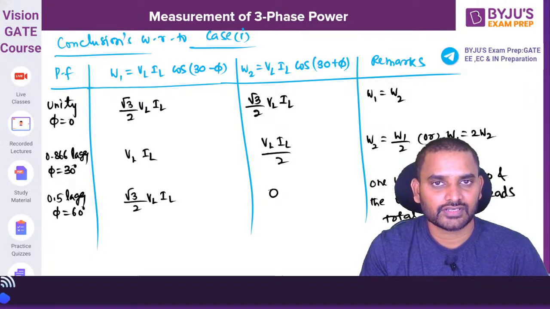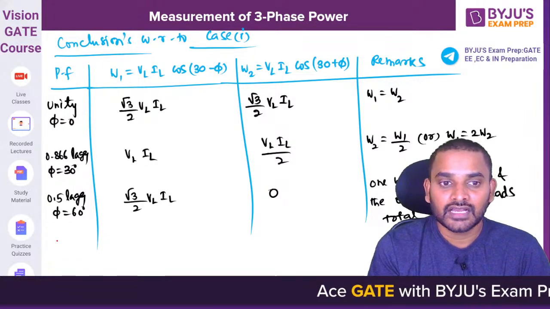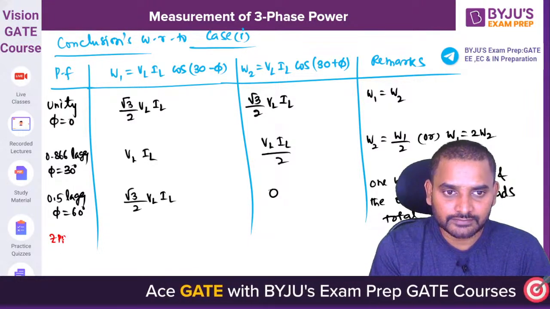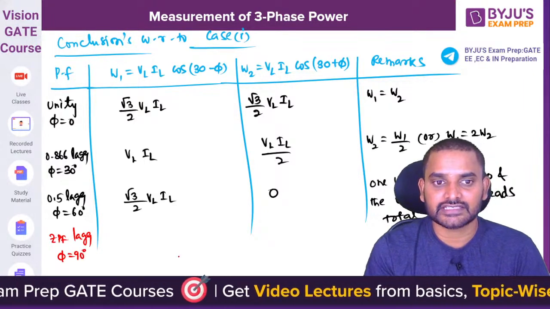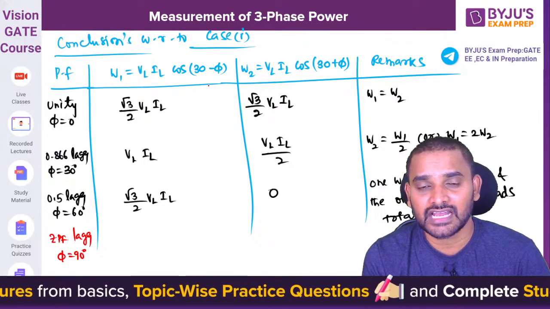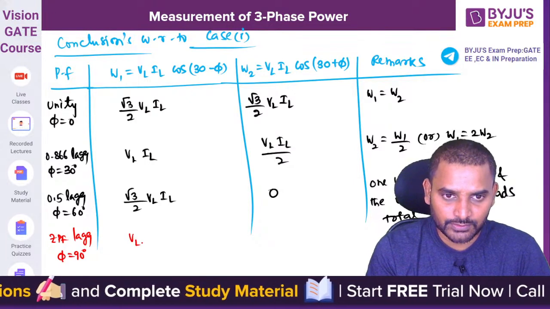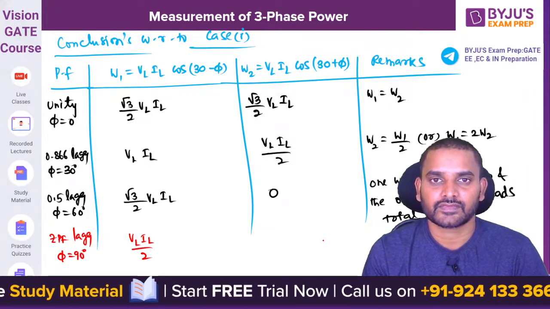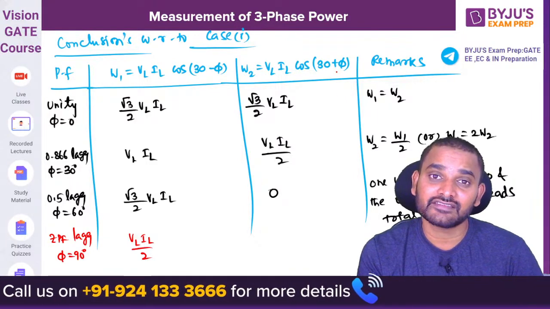Okay, did you understand? Now the last one is 0 power factor lagging. At that point phi will be 90 degrees. If phi is 90 degrees, 30 minus 90, cos 60. Cos 60 will be 0.5. So VLIL by 2. Now similarly here 30 plus 90, 120.